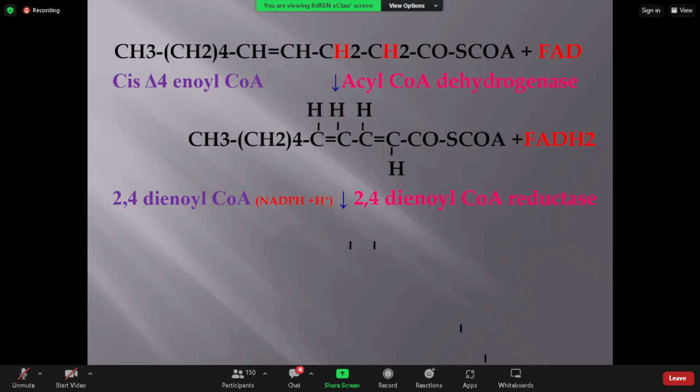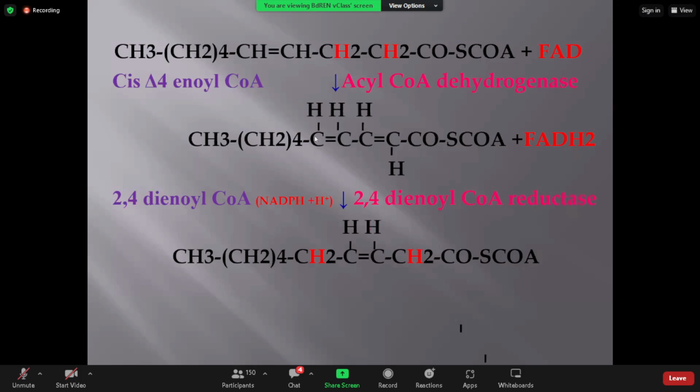You have to memorize it. NADPH is the specific electron donor here, so if it can provide a proton, this hydrogen, this carbon and this carbon will be reduced and converted into CS2. You observe here, this is CS, CS2 and this is CS, CS2.